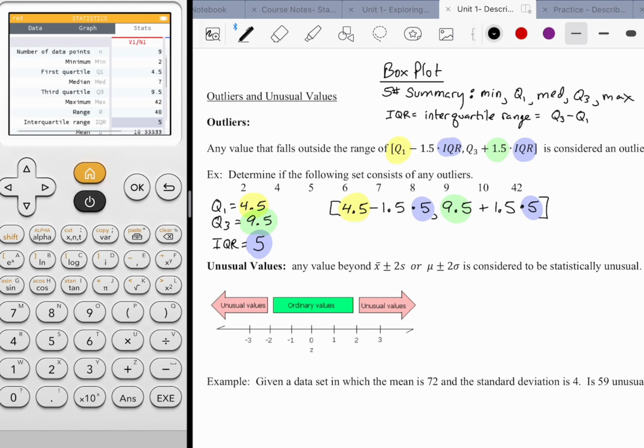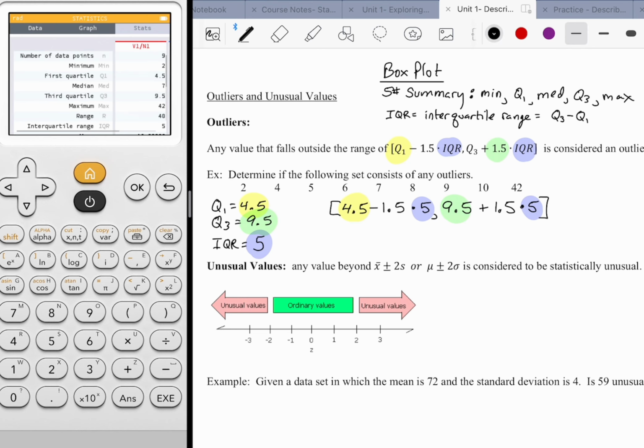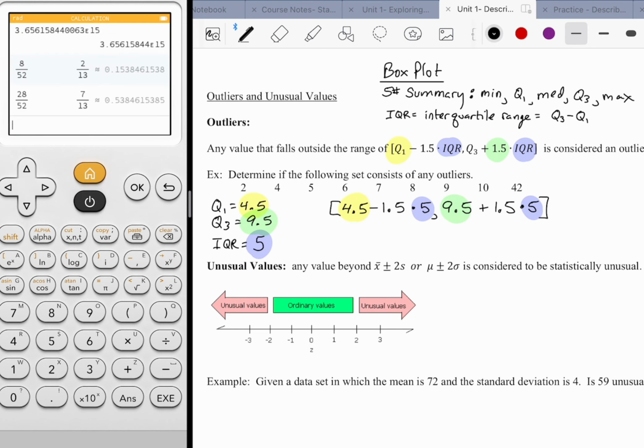If I do the computation, you could do it on the calculator, or you could do it by hand. It's up to you. But if you do it in the calculator, you go out to the home screen, go to calculation, and then just type in 4.5 minus 1.5 times 5. Don't bother with the comma.